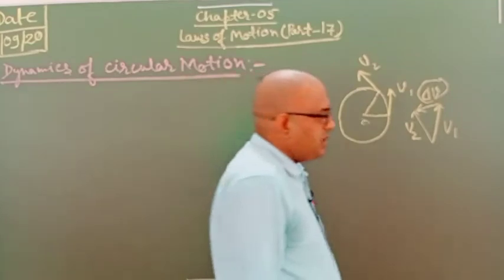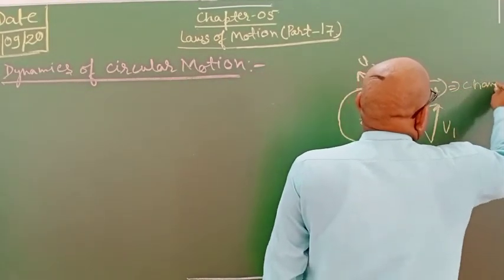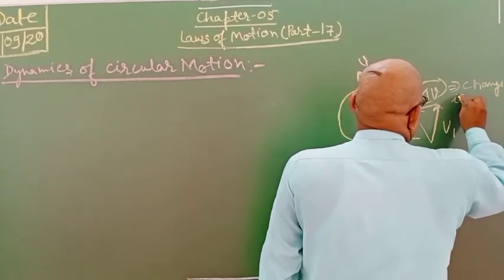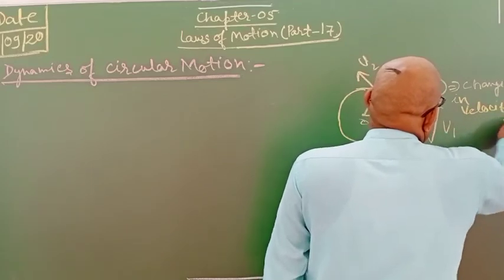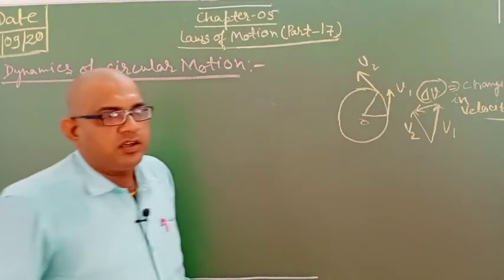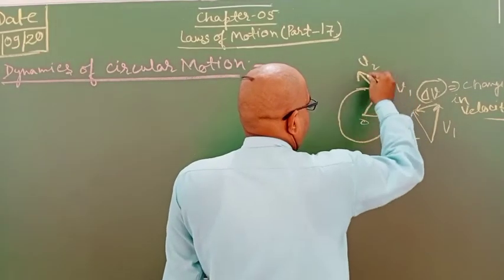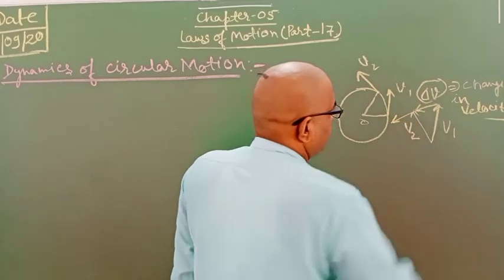Delta v is the change in velocity. The direction of this change is toward the center of the circle; if we translate, look here, this is toward the center of the circle.